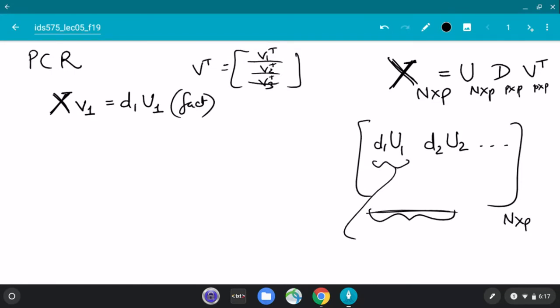Operationally, do the SVD, pick some components like the first 3, and then just do regression. You have 3 new features, so you do a 3-dimensional regression, for example.